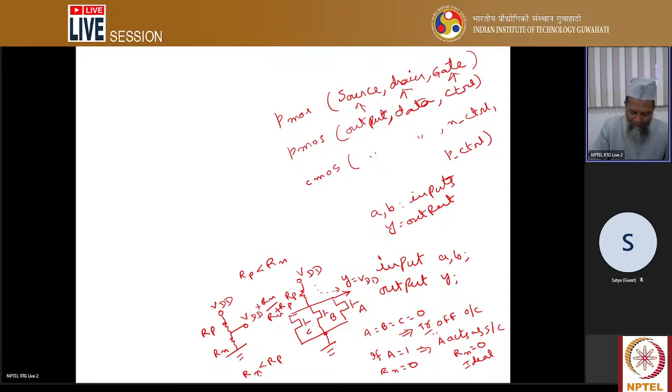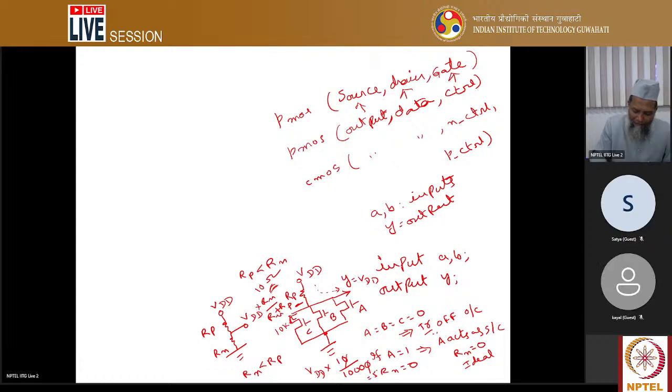Rn is much less than Rp, so you can neglect the smaller value compared to the larger value. Say this is 10 ohms and this is 10 kilo ohms. What will be the output? VDD into 10 by 10,000, which is almost 10 to the power of minus 3 into VDD. This is about 5 millivolts, which will be taken as logic 0.